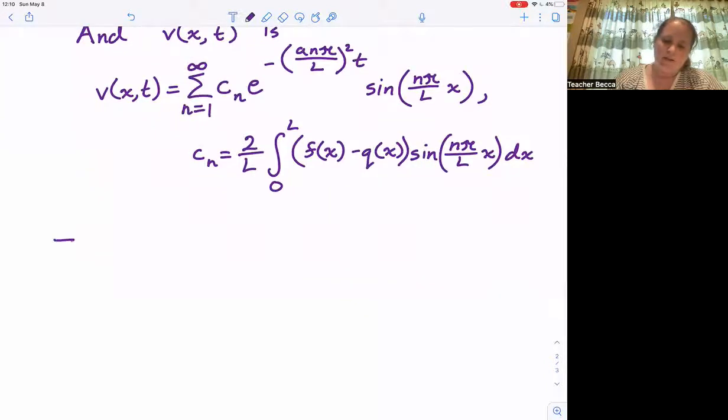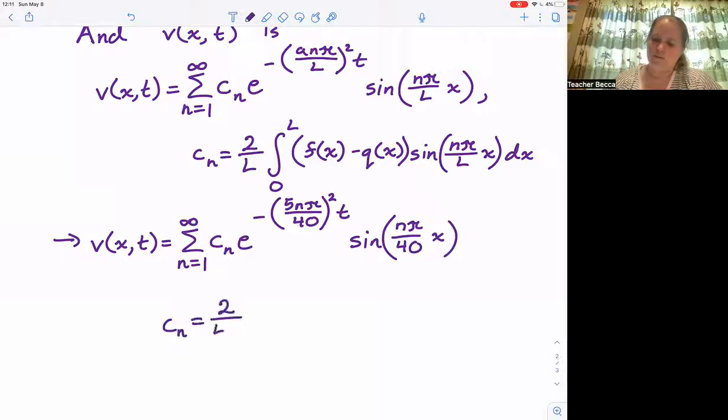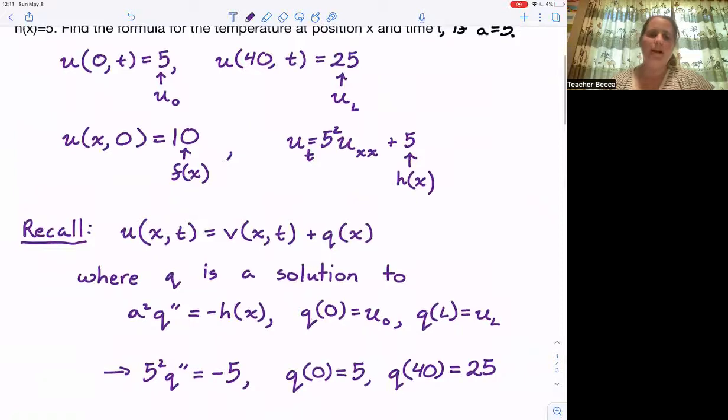So plugging in, we have v of x, t is equal to the sum from n equals 1 to infinity of c sub n times e to the negative 5n pi over 40, whole thing squared, t times sine of n pi over 40 x, and c sub n is 2 over 40 times the definite integral from 0 to 40 of our f of x, which was 10.